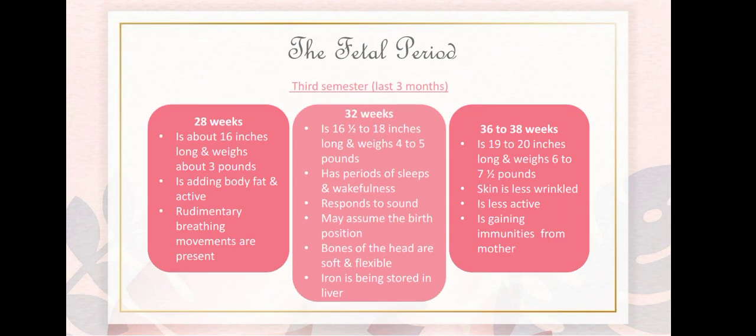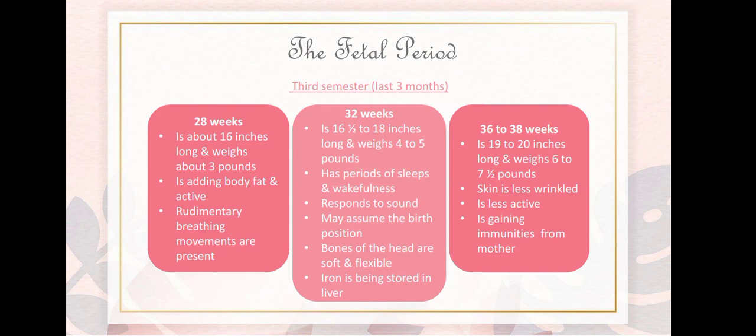And then the last trimester, the last 3 months. In the 7th month, it's about 16 inches long, weight about 3 pounds. It's adding body fat and is active. Rudimentary breathing and movement are present. And then in the 8th month, it can grow up to 16 or 18 inches, and the weight 4 to 5 pounds.